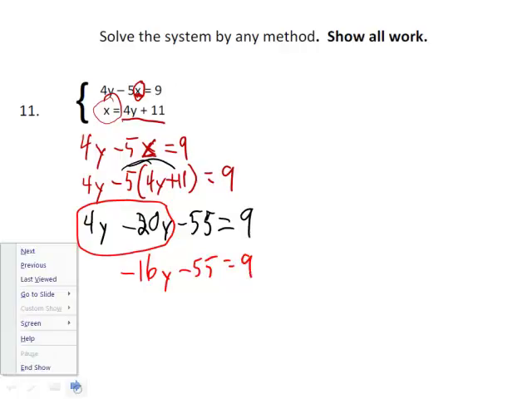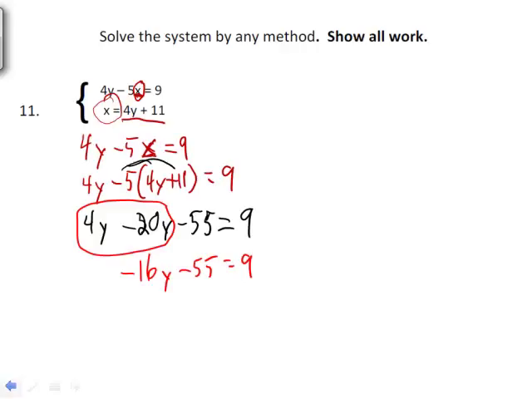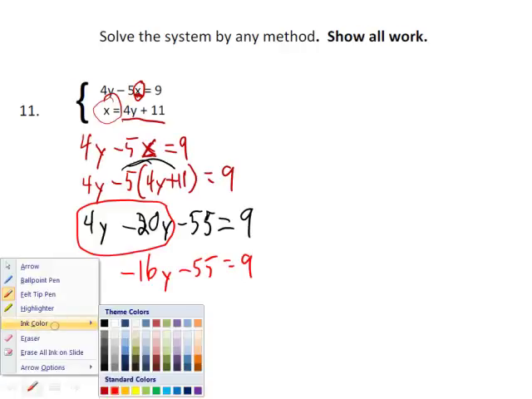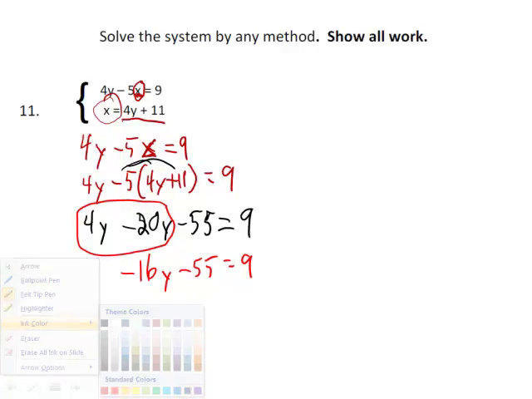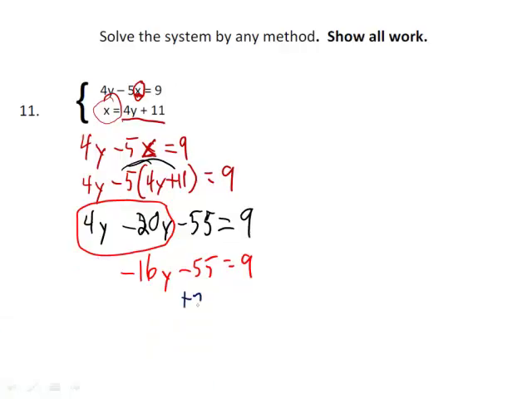All right, next. We've got the ability here and the opportunity to add 55 to both sides. That makes 64.